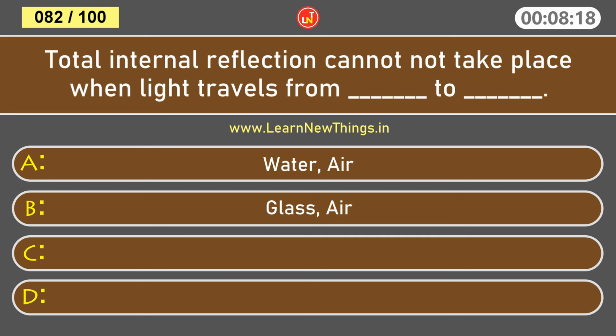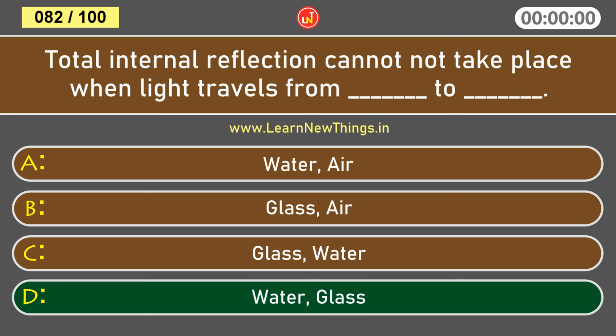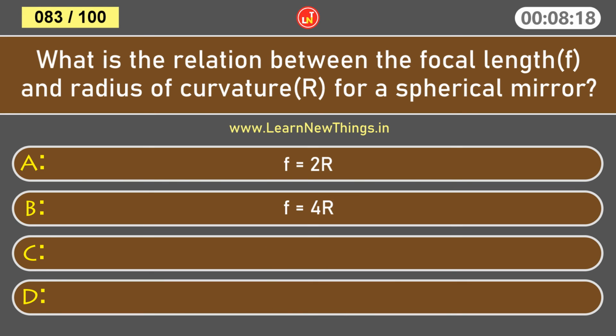Total internal reflection cannot take place when light travels from dash to dash. Water to glass. What is the relation between the focal length and radius of curvature for a spherical mirror? R equal to 2f.